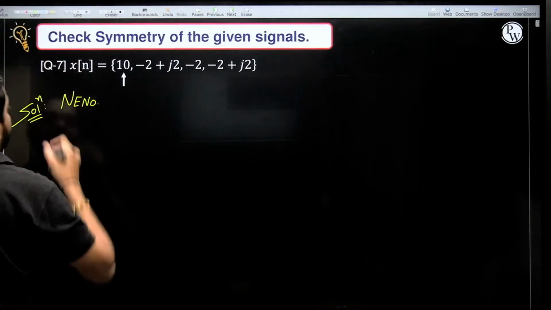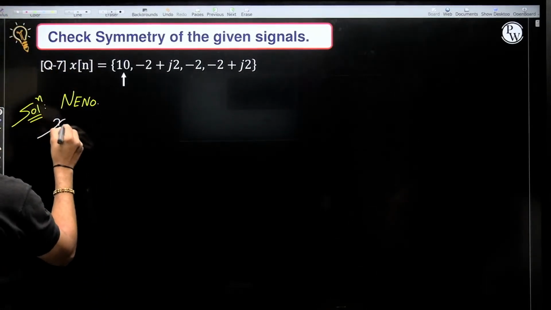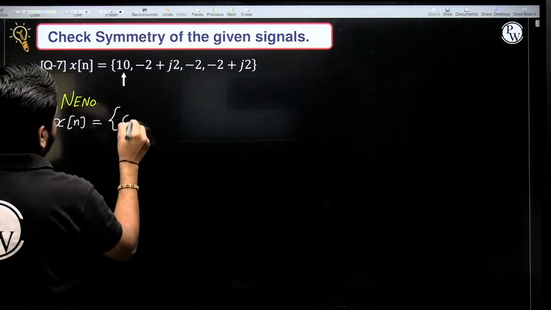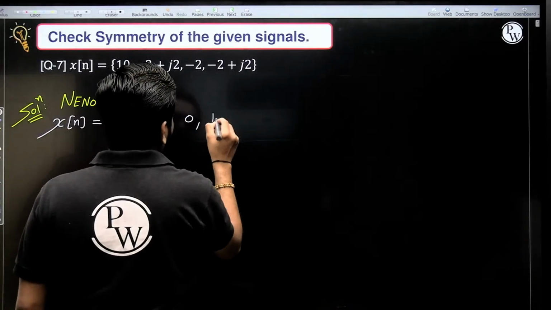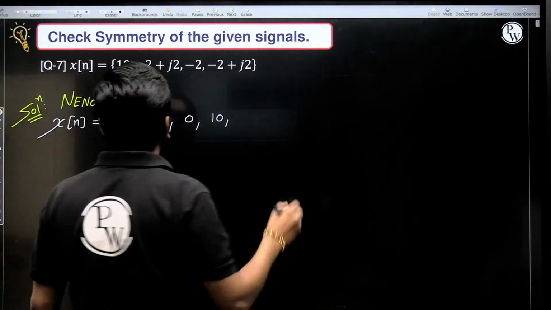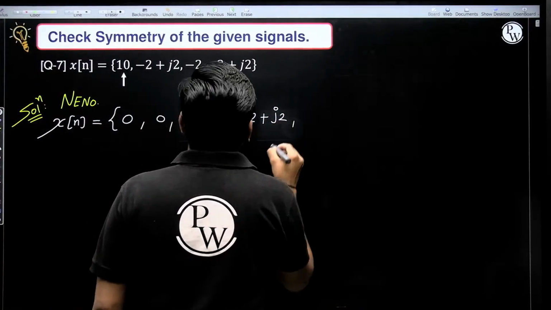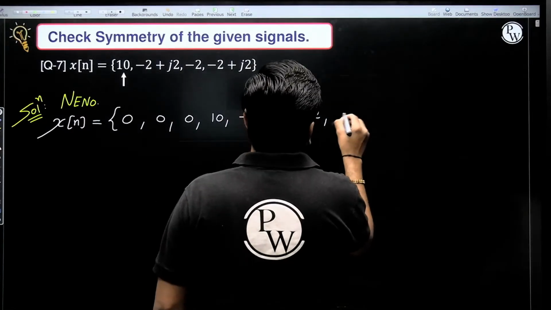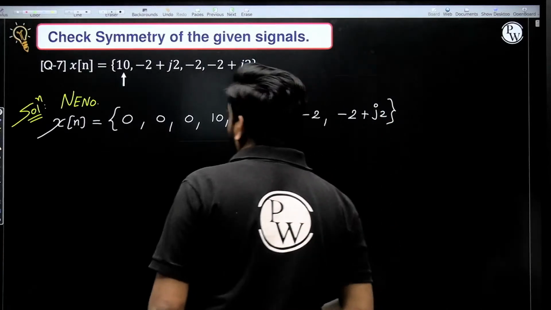First of all, make equal number of samples on left side and right side. x of n equal to 0, 0, 0, then minus 2 plus j2, and so on.